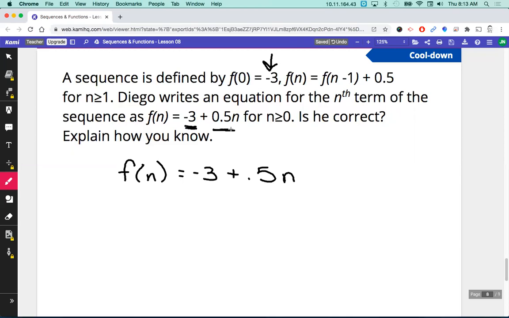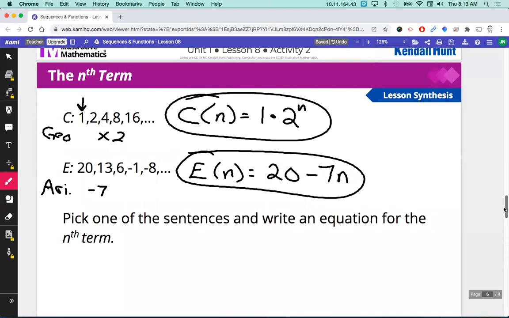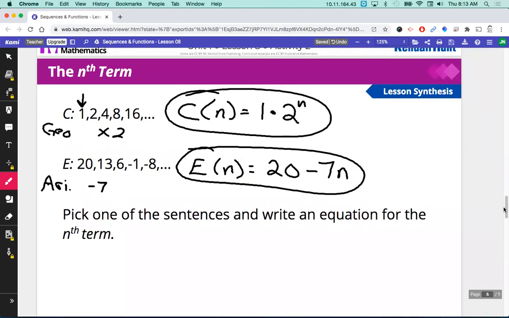If it's geometric, it's going to follow an exponential pattern: your starting point times your growth factor to the nth power. If it's arithmetic, like our second one here, it's going to be your starting point, in this case 20, plus or minus that consistent amount you're adding or subtracting, times n.